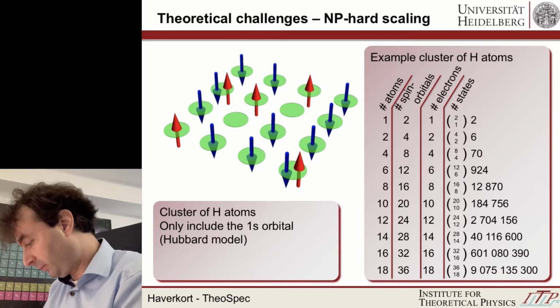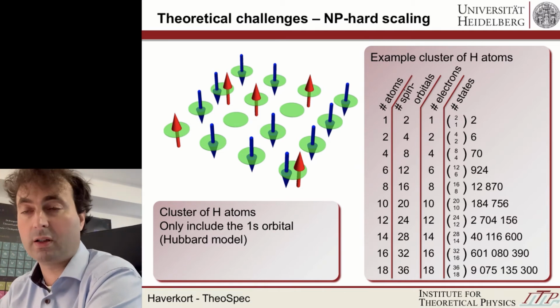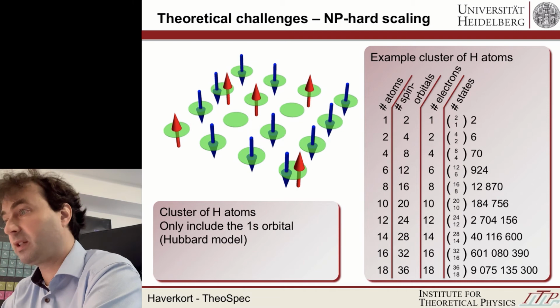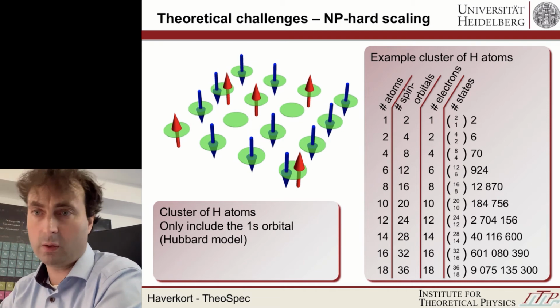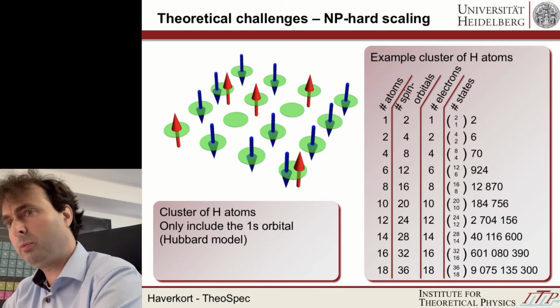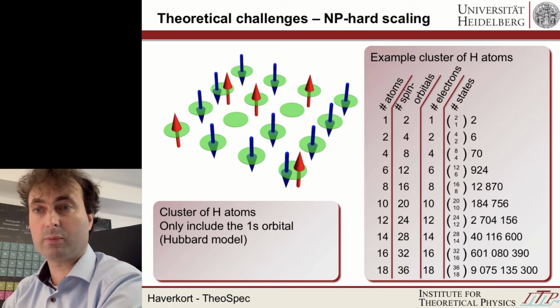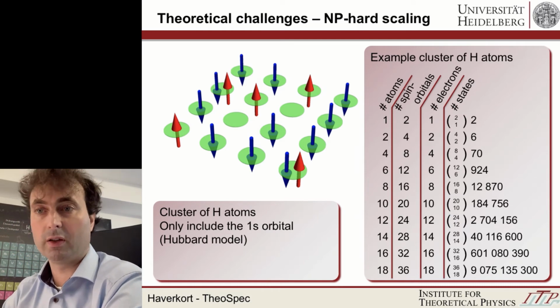That's very far from the 10 to the 24 atoms per cubic centimeter or 10 to the 23 atoms per cubic centimeter that we have in a solid. Of course, we don't have to do complete cubic centimeters to get reasonable agreement, but 1,000 by 1,000 by 1,000 atoms is a reasonable minimum to actually see a real solid.